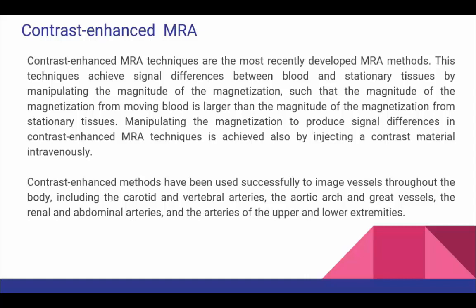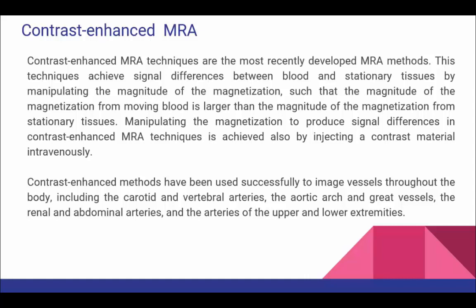Contrast-enhanced MRA techniques achieve signal difference between blood and stationary tissues by manipulating the magnitude of the magnetization, such that the magnitude of magnetization from moving blood is larger than the magnitude of magnetization from stationary tissues.